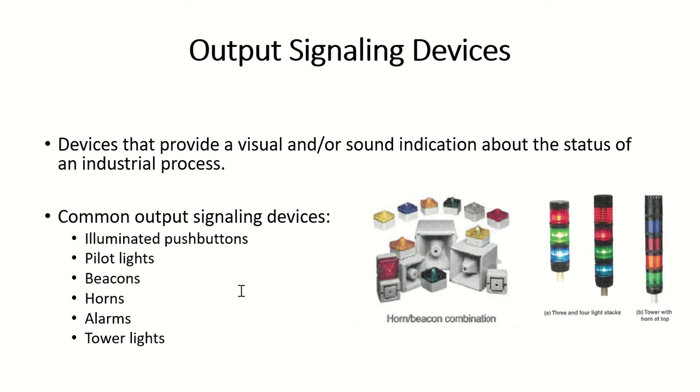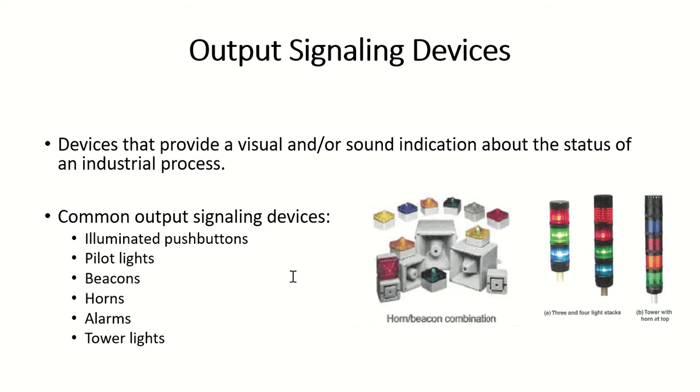Typically you'll see pilot lights and beacon lights. You can see here's some stack lights. These are like what we have in our classroom. There's also pilot lights that are located on the front of our control cabinets that we'll use. All examples of output signaling devices.